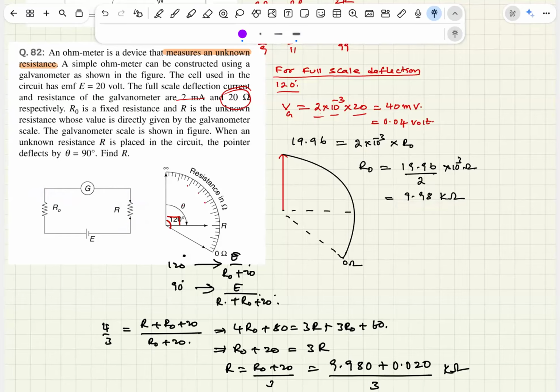Now what is the current in the circuit? When there is 120 degrees, the current is E by R naught plus 20.